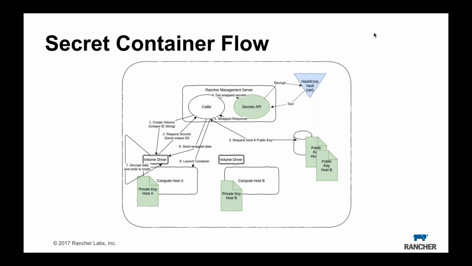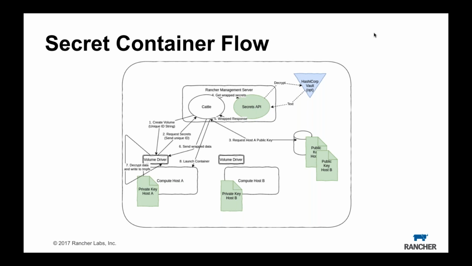But they request this container, and so Rancher sees that they're asking for a secret and generates a unique ID string, and then tells this new volume driver to create a volume, passing this new ID to them.